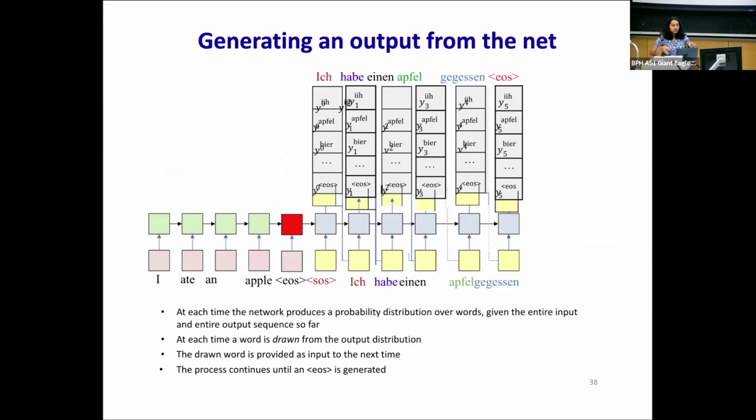The decoder would generate a probability distribution over all the words in its data, and then take the highest probability word as the output for that time step, and then pass it to the next one. So as you can see here, at each time step, the network produces the entire probability distribution over all the words, and then the word is drawn from it.